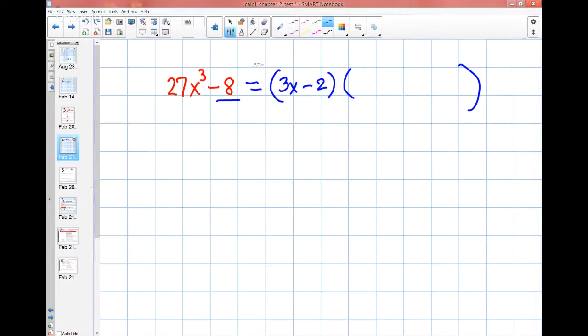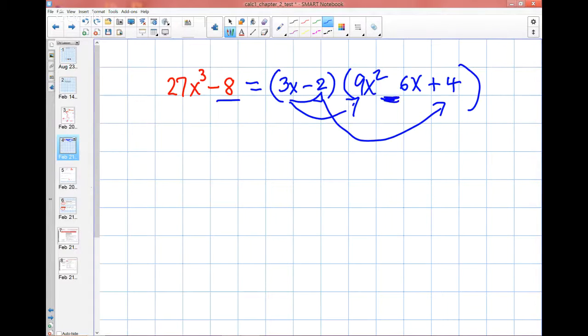And then for the trinomial, you take this and square it, you take this and square it, and then in the middle, you take the product of the two. 3x times 2 is 6x. And this sign right here, and this is where Geneva had a little problem, is always the opposite of that one.